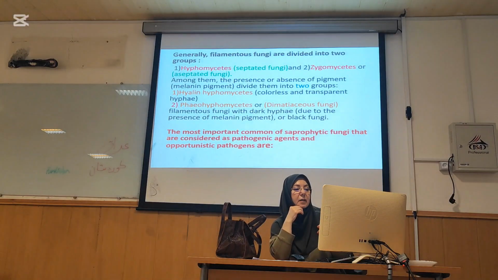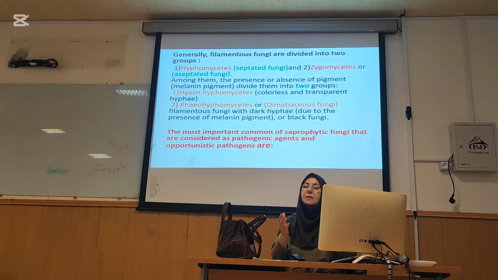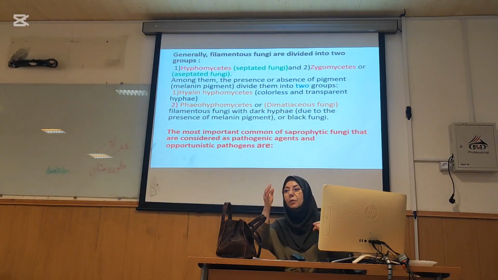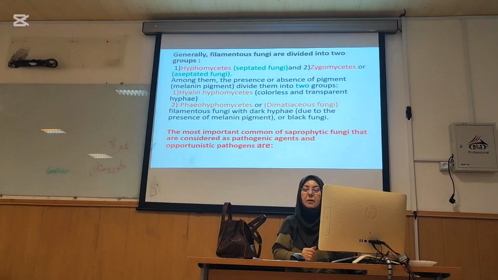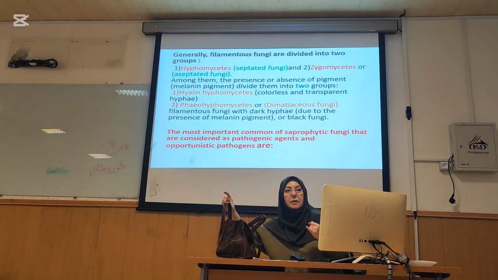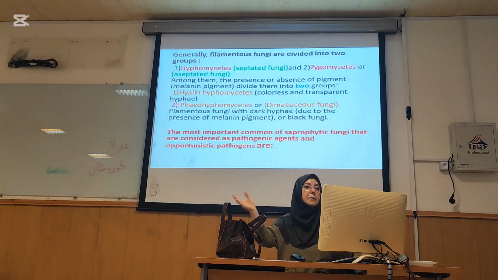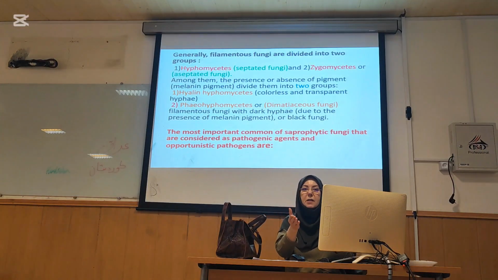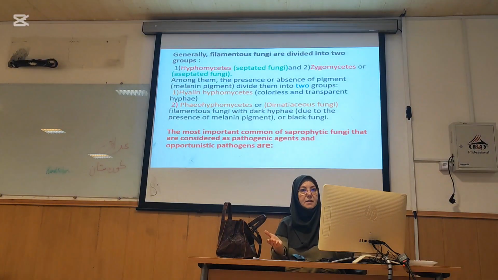Another group of fungi is named zygomycetes, because they do not have any septum along the filament. It's very simple to identify. You just see under the microscope a very wide hypha without any septum, so you can identify that this fungus has coenocytic hypha and is among the zygomycetes.